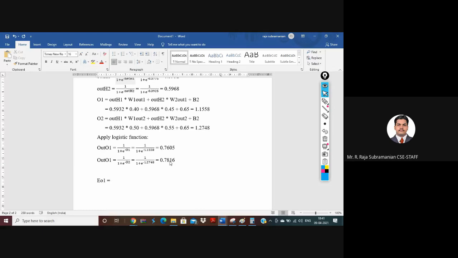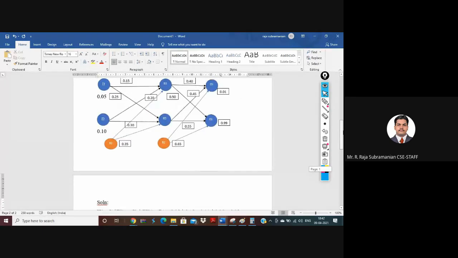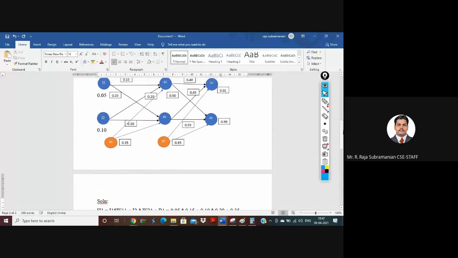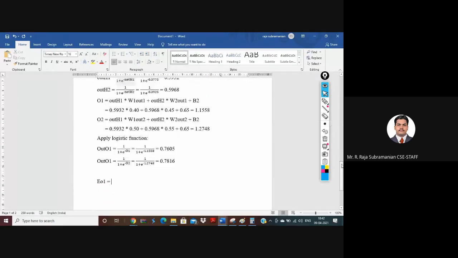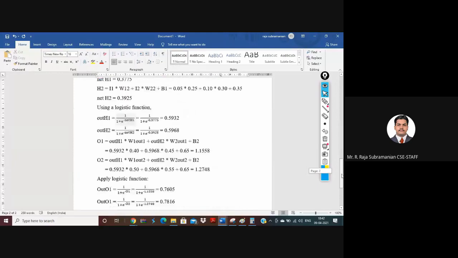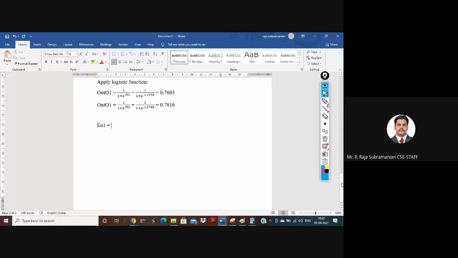There are two outputs. If I want to take the mean square difference, then I should take 0.01 minus 0.7605 the whole squared, and 0.99 minus 0.7816 squared, and the whole divided by 2, since there are 2 items and I need to take the mean.